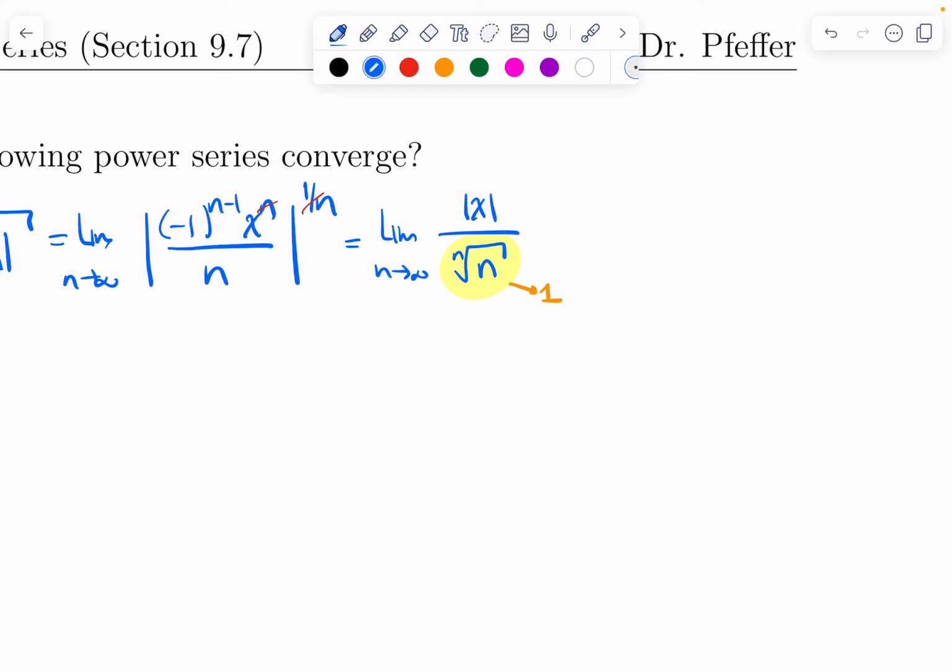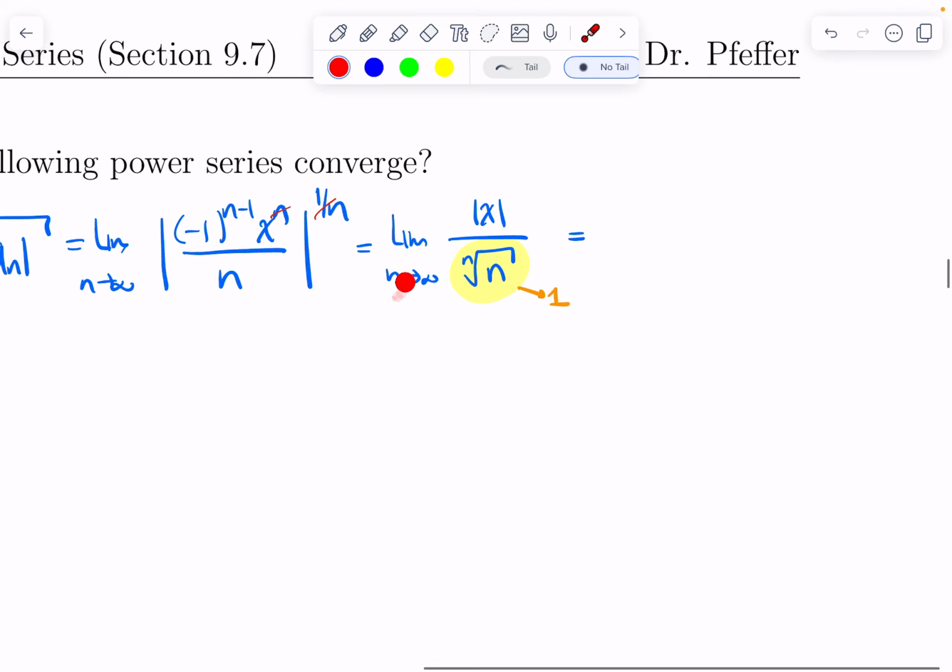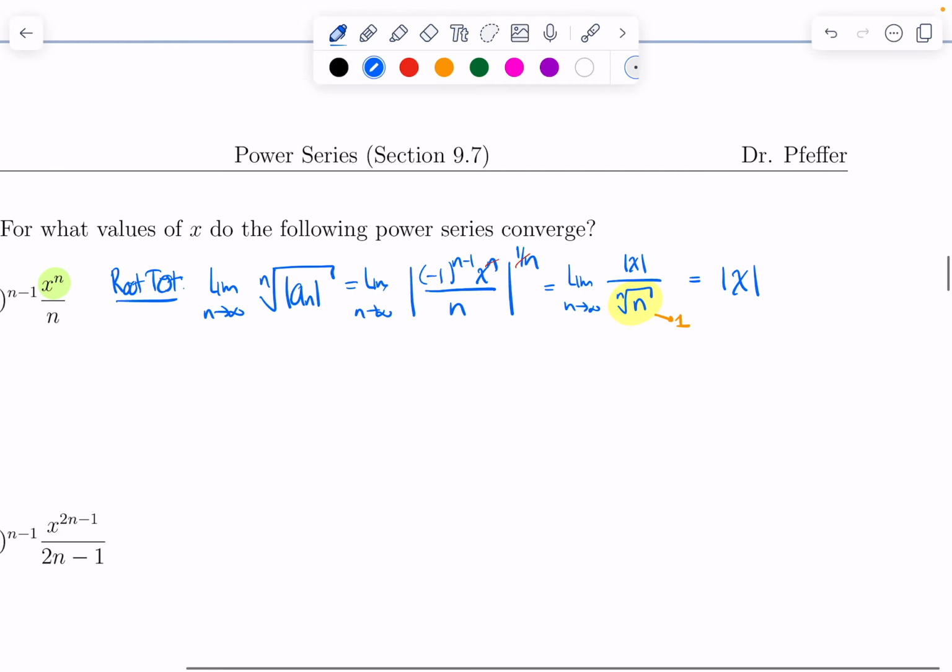So this overall limit, which is an n limit, causes the denominator to go to 1, but the top, x, well, that has no n's. So as far as the n limit is concerned, the x stays the same. And if I zoom out, okay, the root test.